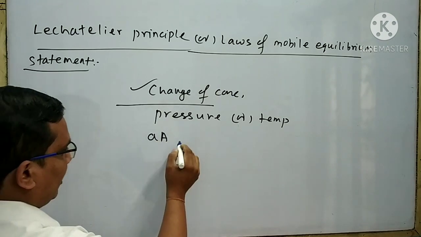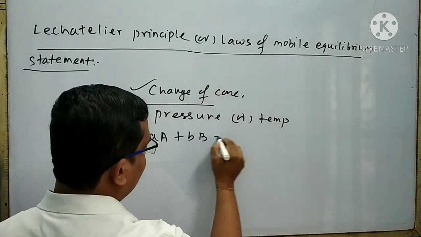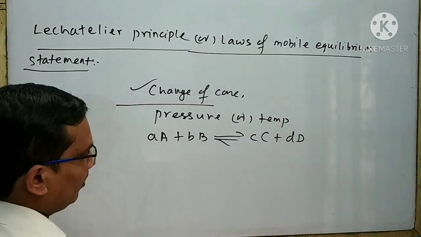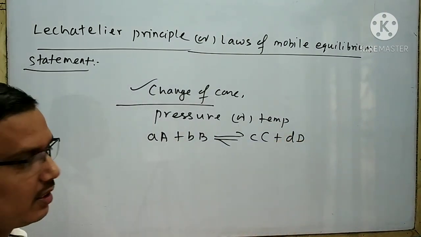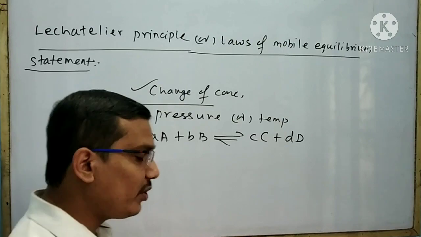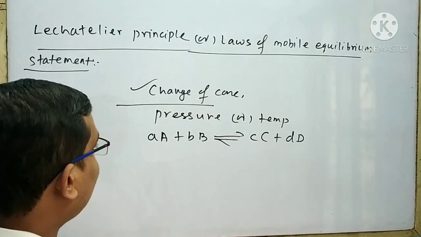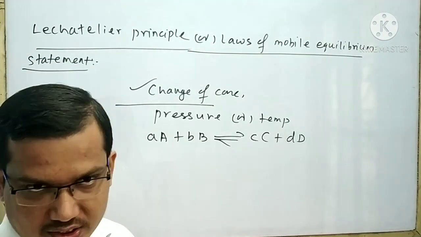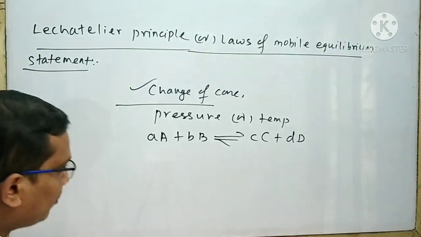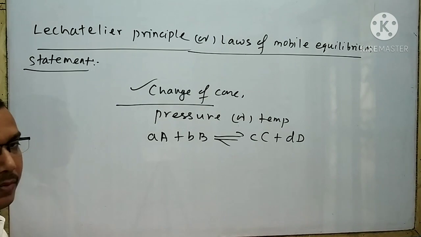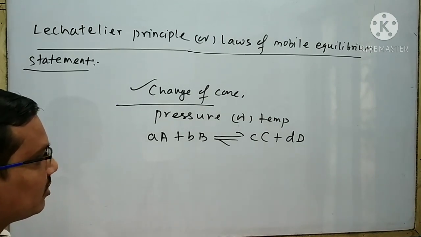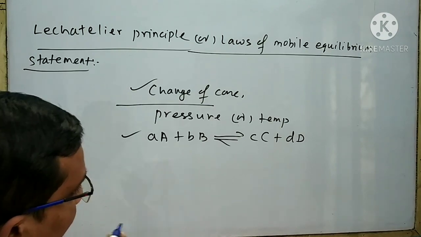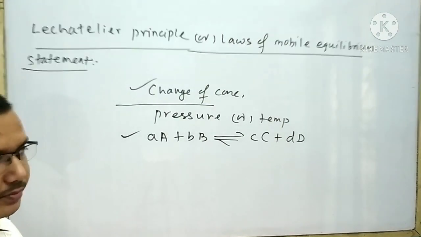Suppose take a reaction A plus B gives C plus D. Suppose this reaction is present at equilibrium. That means properties like concentration, pressure or temperature do not undergo change. Suppose I want to change a property like concentration or pressure or temperature for this reaction, then what will happen? The equilibrium will shift.